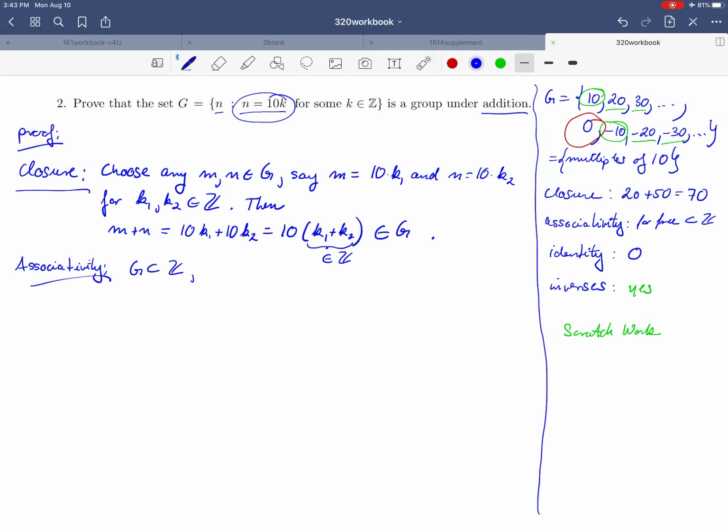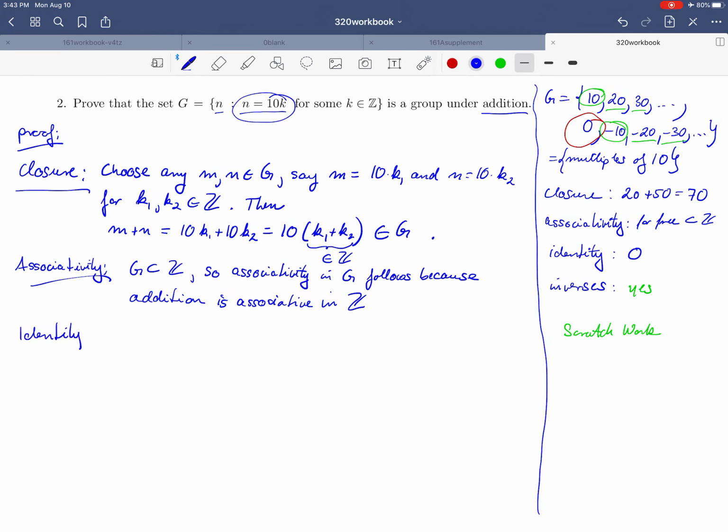So G is a subset of Z. So the associativity in G follows because addition is associative already in Z, and so it's associative in any subset of Z as well.